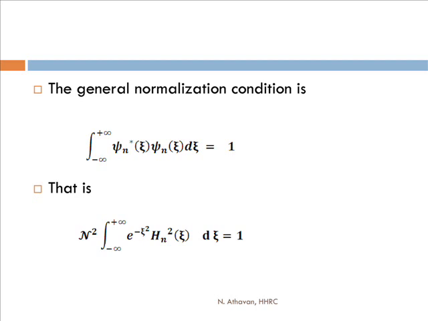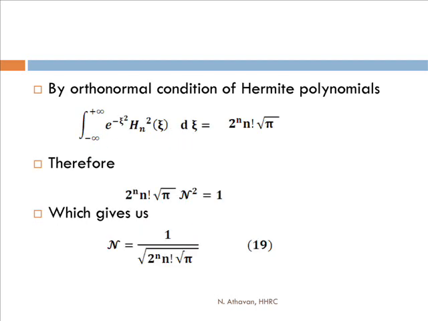We can immediately write the value of N as 1 by square root of 2 power n factorial root pi, because we know that the orthonormal condition of Hermite polynomials gives us the value of the integral as 2 power n factorial root pi.